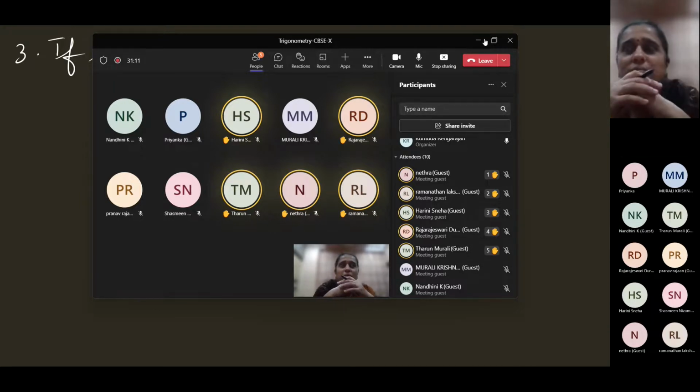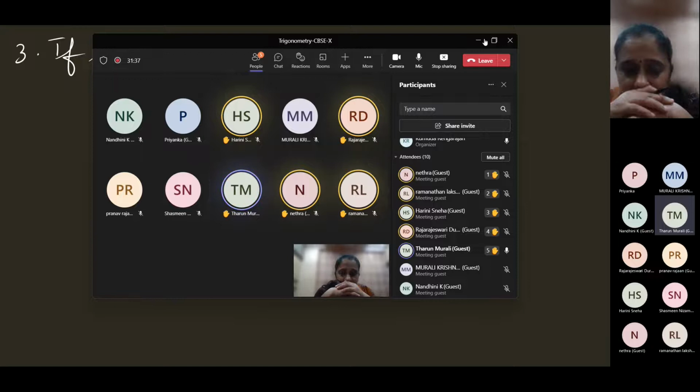So complementary ratios are not there this year, but I checked, it was okay. So your schools didn't do it then? Yes, ma'am, she just taught us. Oh. Tarun Murali wanted to say something. Tell me. Ma'am, the complementary ratios are deleted from the portion.